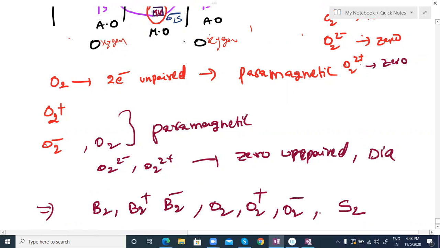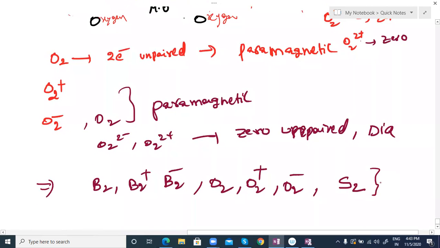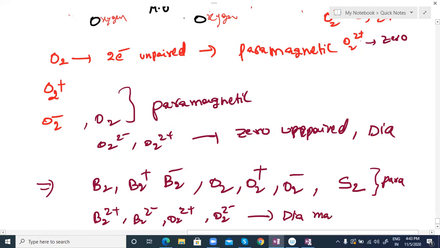S2 molecule is also paramagnetic like O2 molecules. So all these are paramagnetic in nature. You may get integer type questions. Then B2 2 plus, B2 2 minus, O2 2 plus, O2 2 minus are diamagnetic in nature.